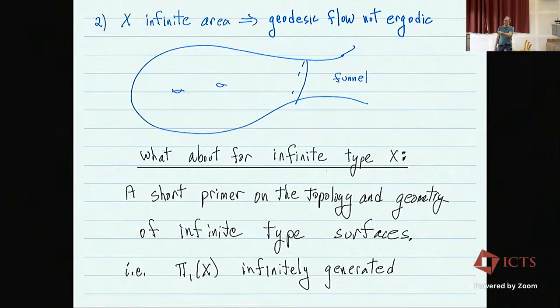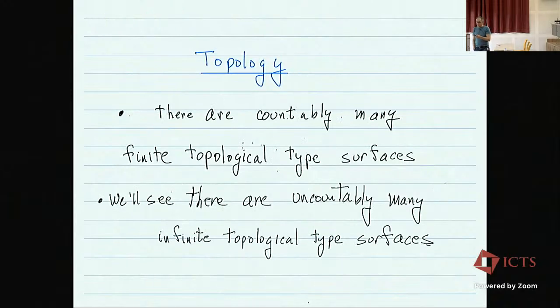So here we go. Here's a short primer. Infinite topological type surface means infinitely generated fundamental group. So if you compare, there's countably many finite topological type surfaces. Because the genus, by the way, all surfaces for this discussion today are orientable, and for the lecture too are orientable.